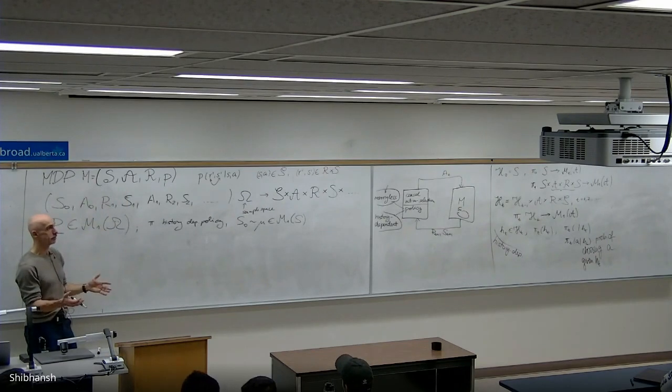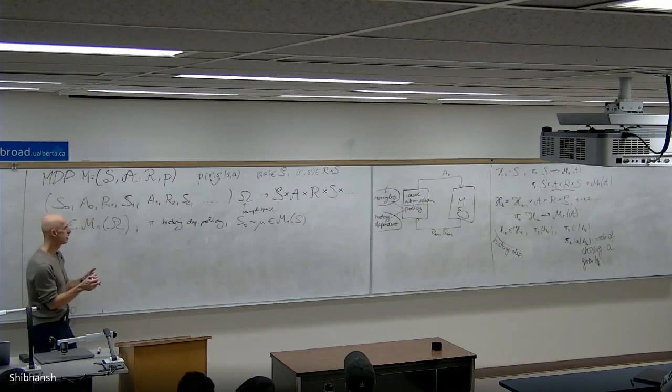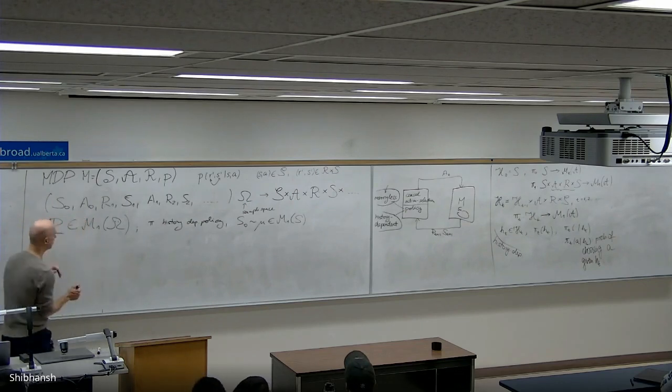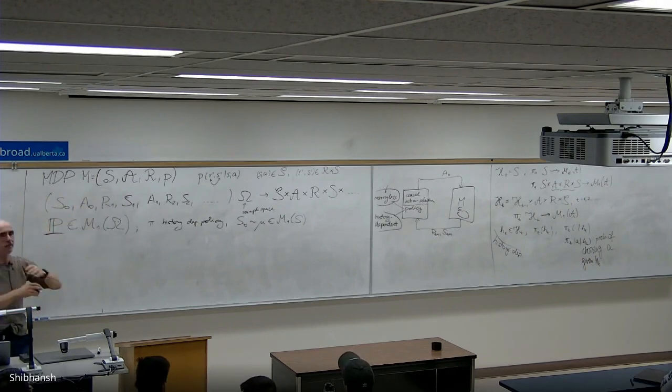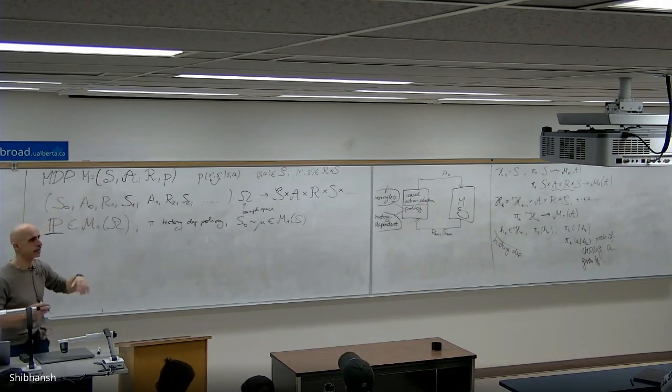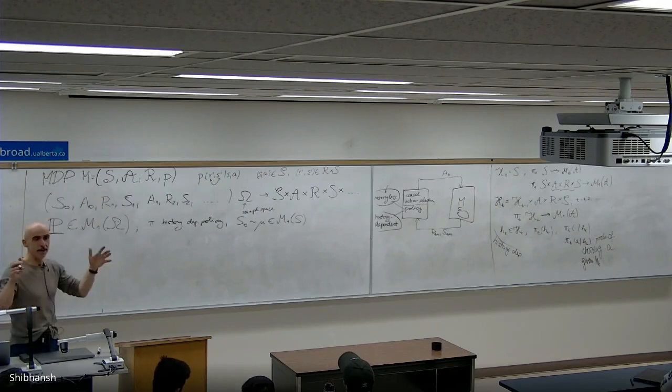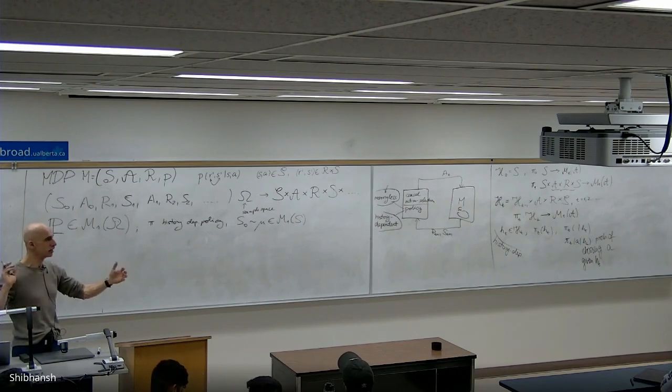Let's write it down, because how do we know that we're talking about the same thing unless we write down what we mean by this? So what is this distribution? If you want to specify a distribution over an infinitely long sequence, there is a powerful result that says it's enough to specify these probabilities for all prefixes of finite length.